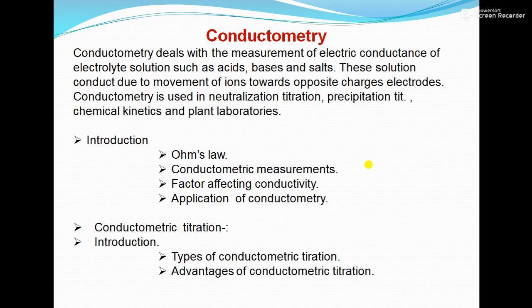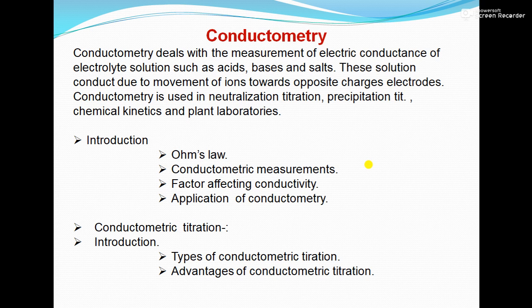What is conductometry then? If we consider NaCl solution, the cation present in the NaCl, that is Na+, will move to the cathode, which is negatively charged. And the Cl-, which is negatively charged, will move to the positively charged anode.